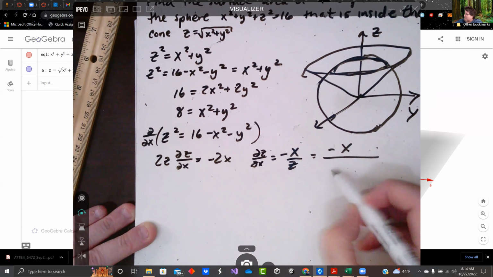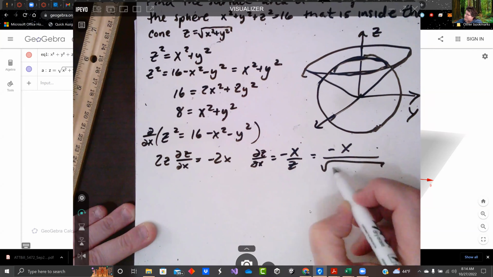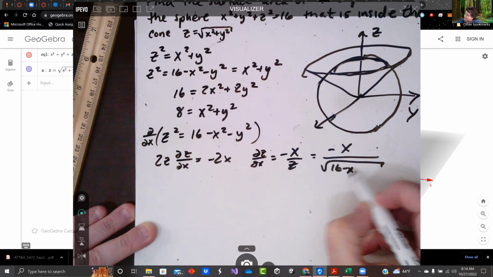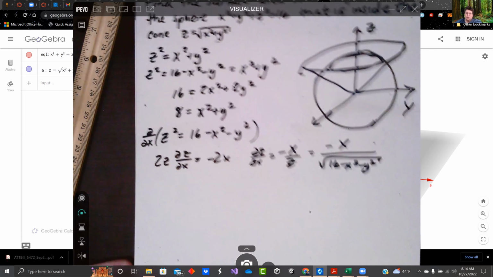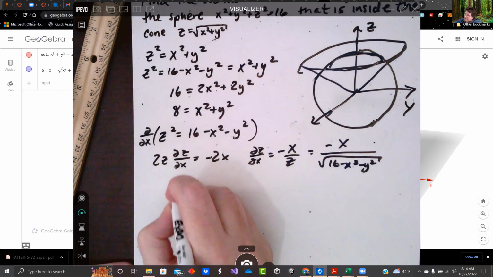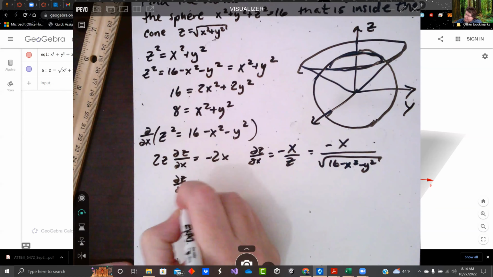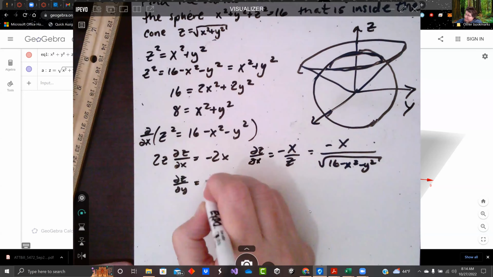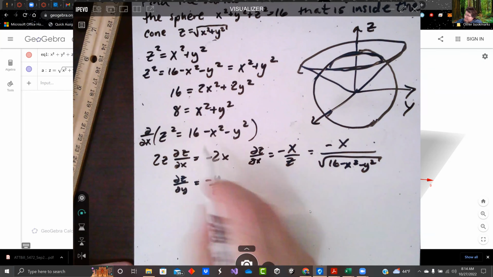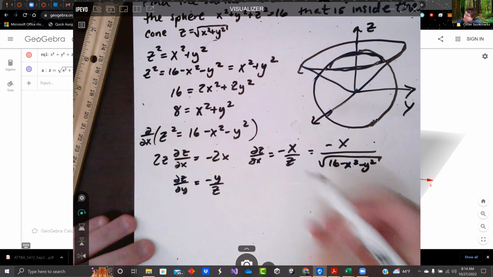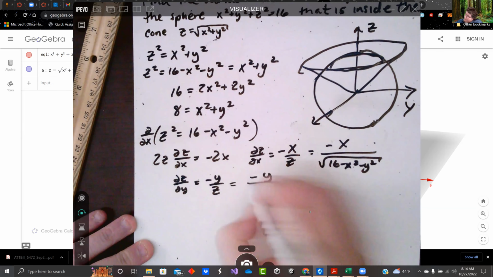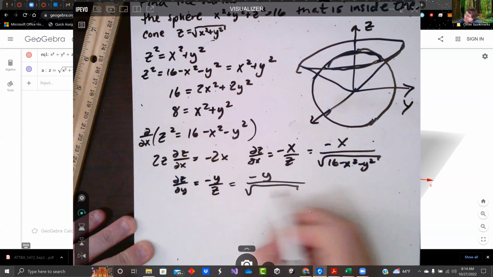It's the square root of 16 minus x squared minus y squared. And when we do the same with y, dz/dy should look very similar. It should end up giving us negative y over z, because the inside hasn't really changed in terms of x or y. So we got negative y over the square root of 16 minus x squared minus y squared.